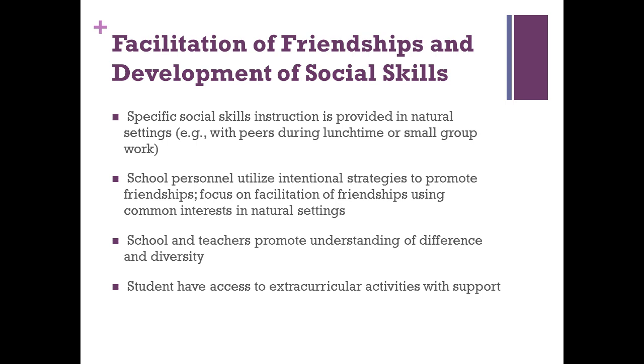This can be done through disability awareness presentations. It can be done in a number of ways, but that disability and diversity are highlighted in a number of positive ways. The last is that students have access to extracurricular activities with support. So many of our students with disabilities may need support during these extracurricular activities, but the extracurricular activities are so important in that they are where those friendships develop and oftentimes where the student can practice social skills.